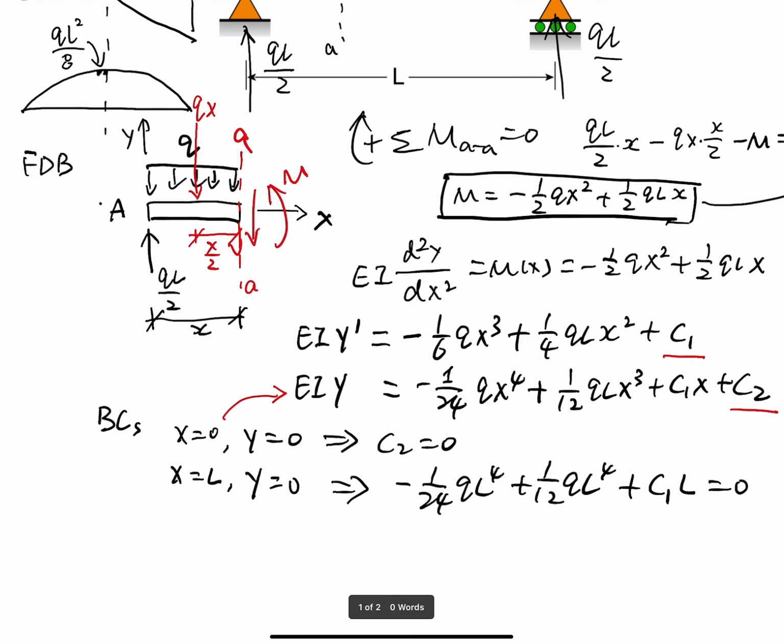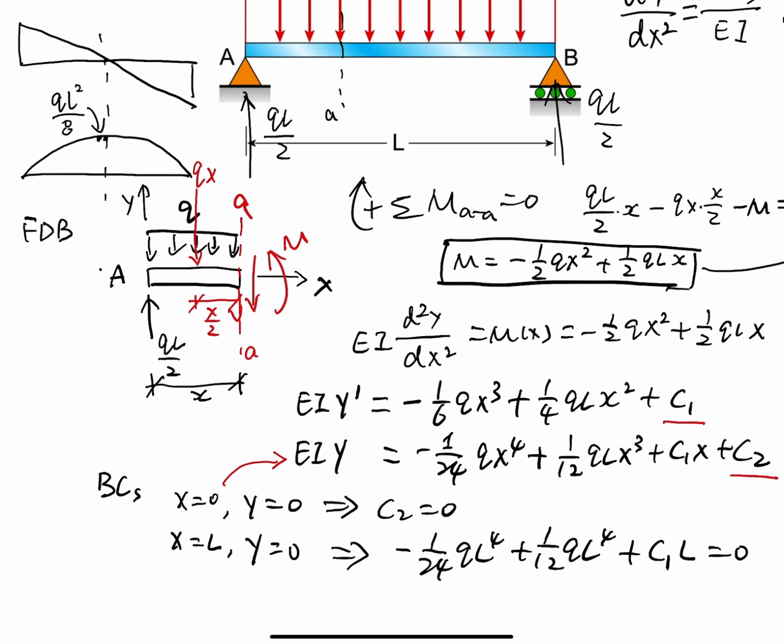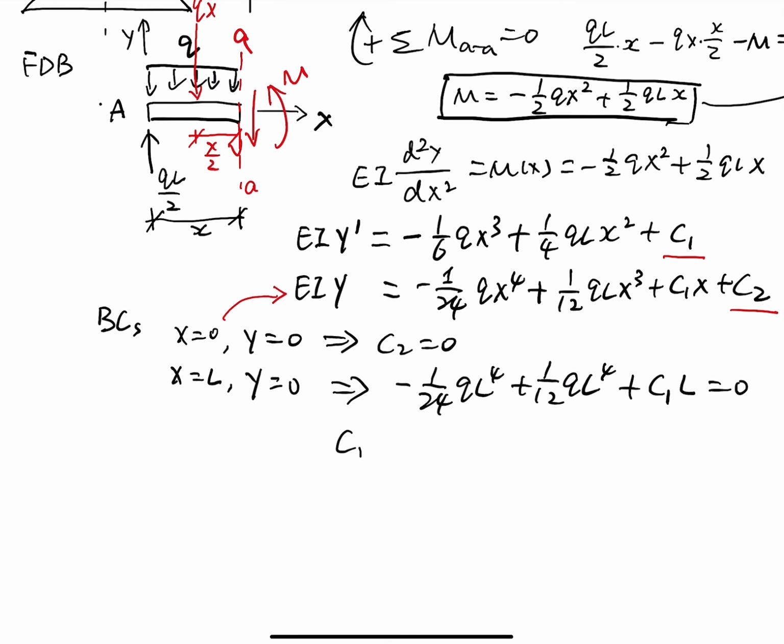Then we got the expression for c1, which is equal to minus 1 over 24 ql cubed.